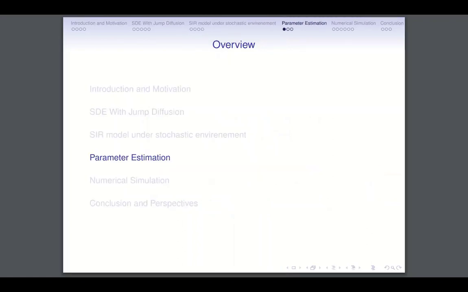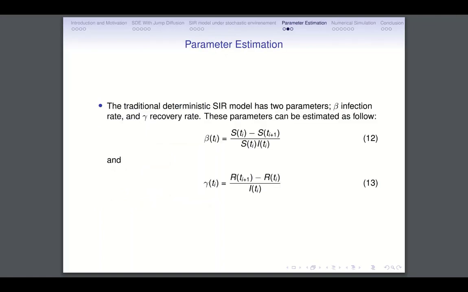Now we move to the next point in our presentation, which is parameter estimation. The traditional deterministic SIR model has two parameters, the infection rate and the recovery rate. These parameters can be estimated as follows using equations 12 and 13.